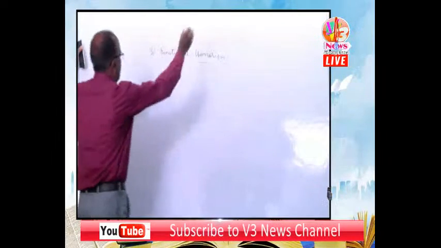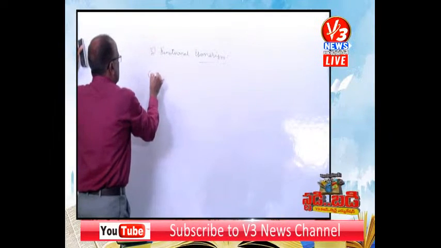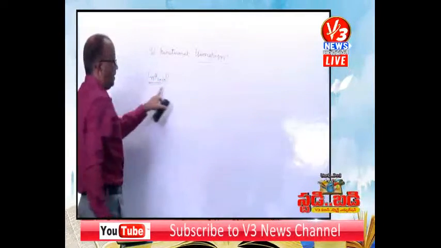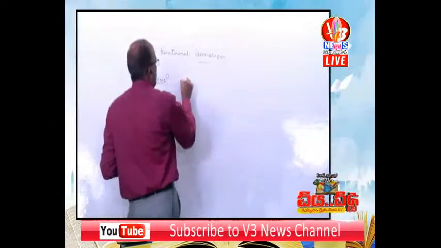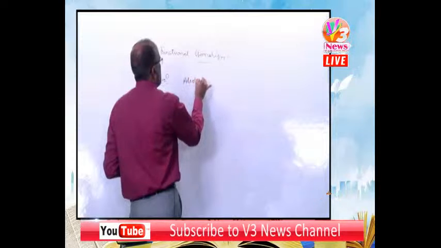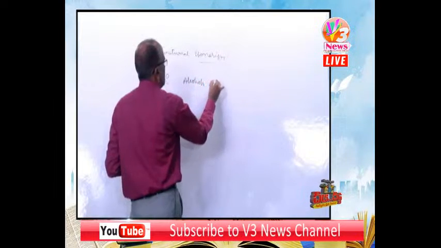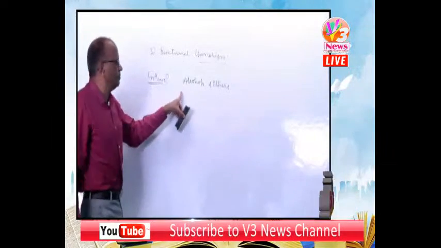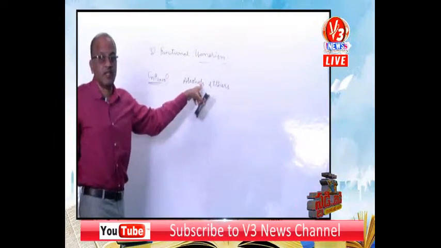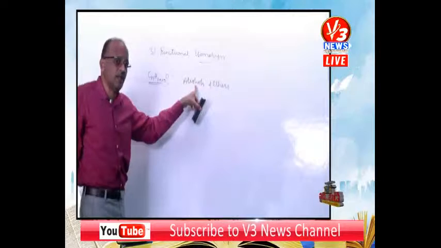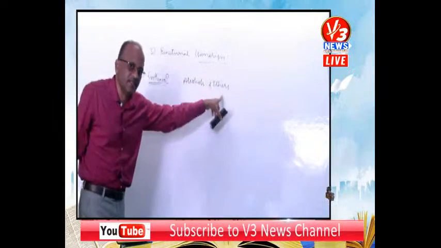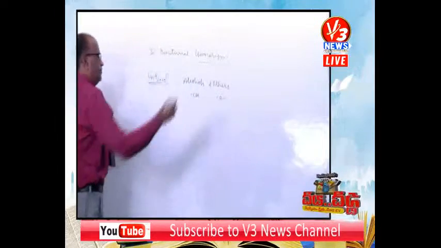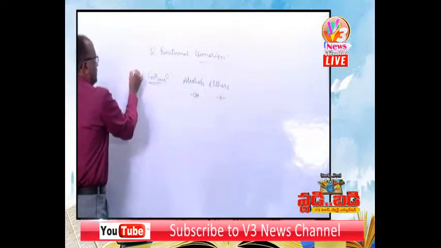For example, if we take CnH2n+2O, with this general formula, two types of compounds are possible, alcohols and ethers. Molecular formula is same, but they differ in functional groups. The functional group of alcohols is OH and ethers is O, ethereal oxygen. Then we will see examples.